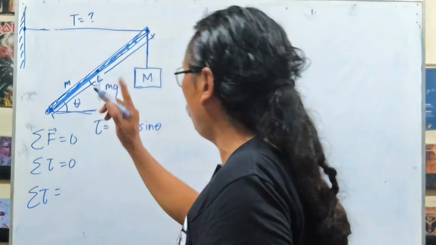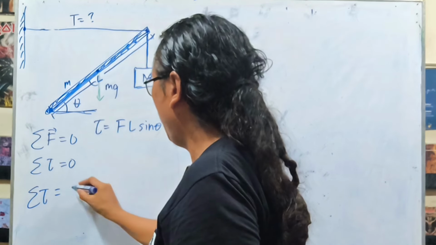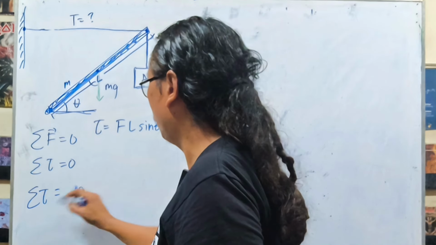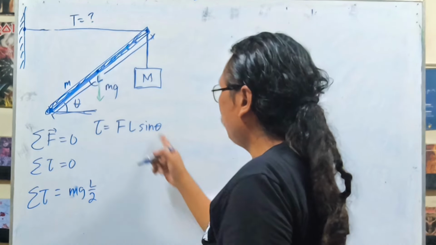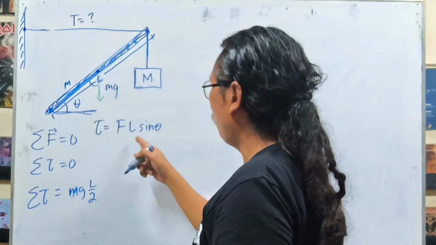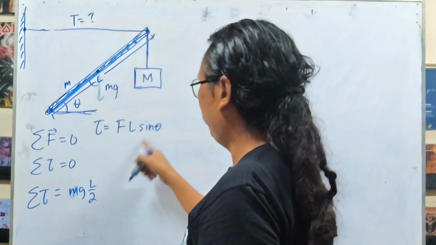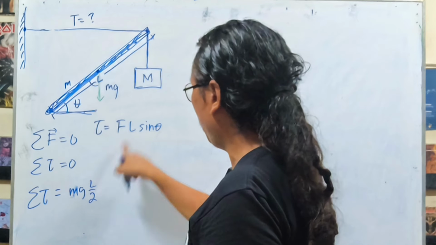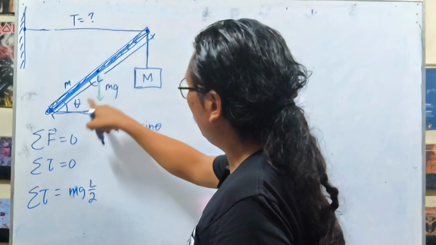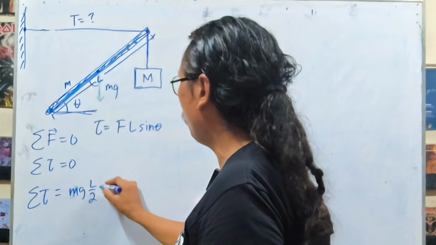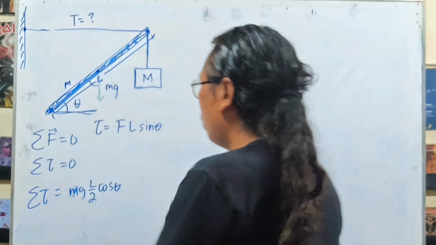So the first torque would be mg times L over 2 times sine of pi over 2 minus theta, which gives us cosine of theta.